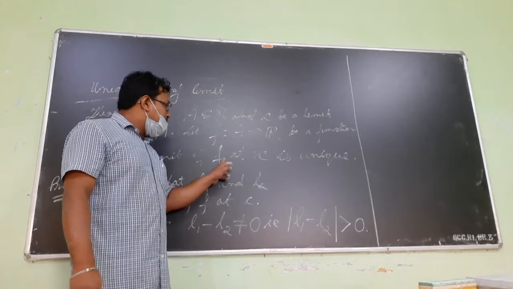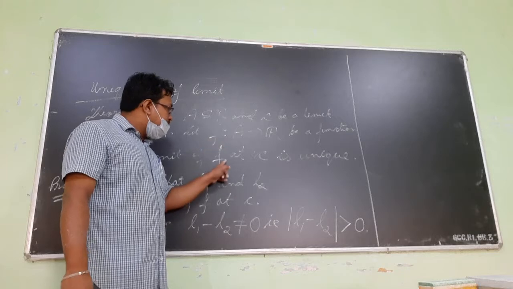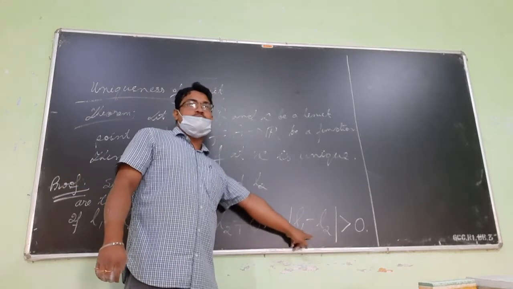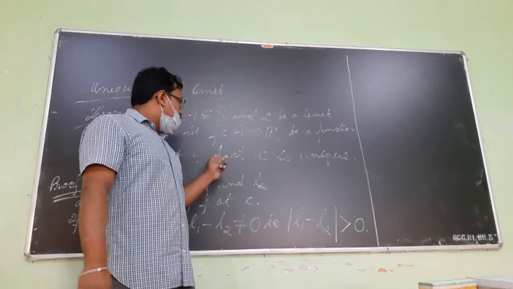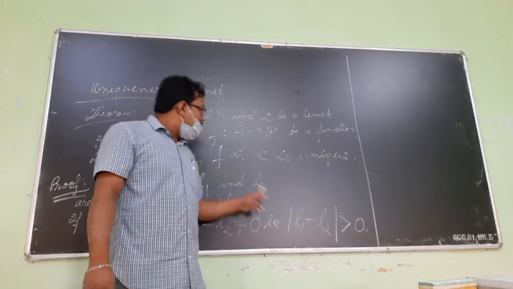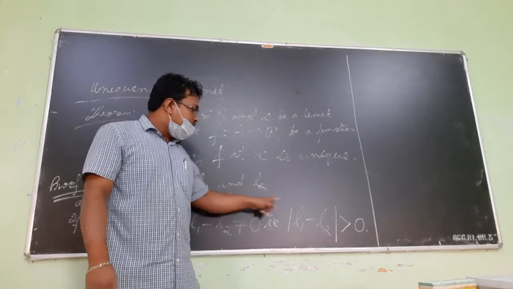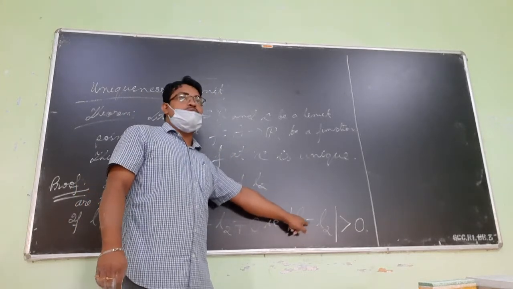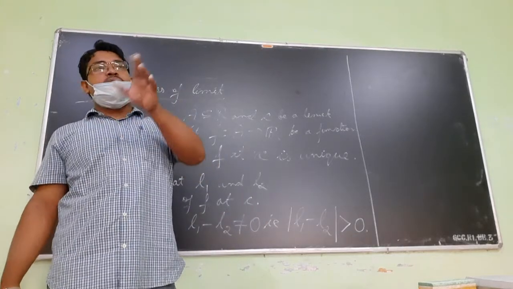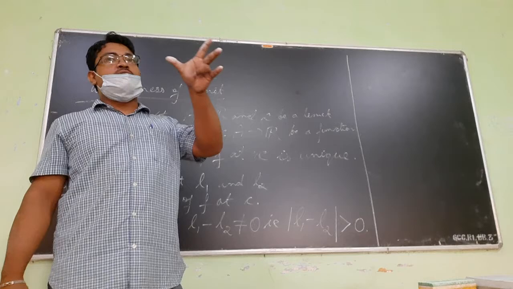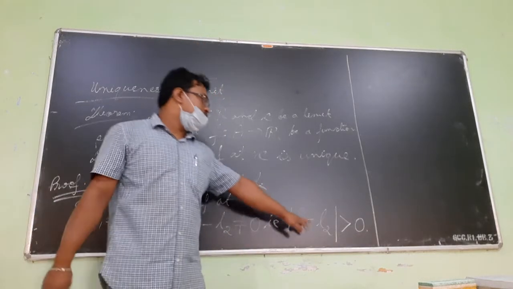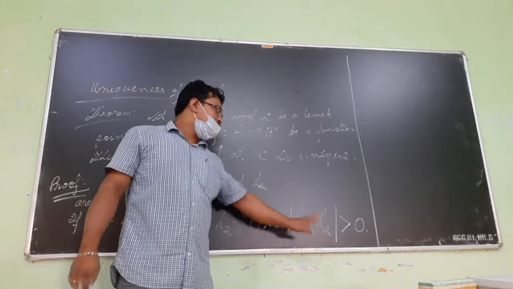And again, as per the definition of limit, the difference between f(x) and L2 can also be made smaller than this. So mod of f(x) minus L1 can be made smaller than this quantity. Mod of f(x) minus L2 can also be made smaller than this quantity. The definition of limit says that mod of f(x) minus L can be made smaller than any positive quantity. So this is also a positive quantity. We can also make it smaller than this.